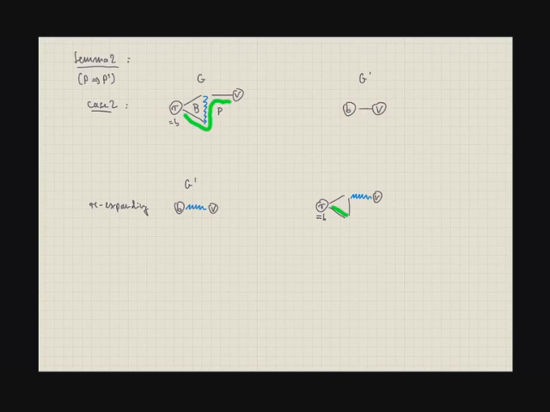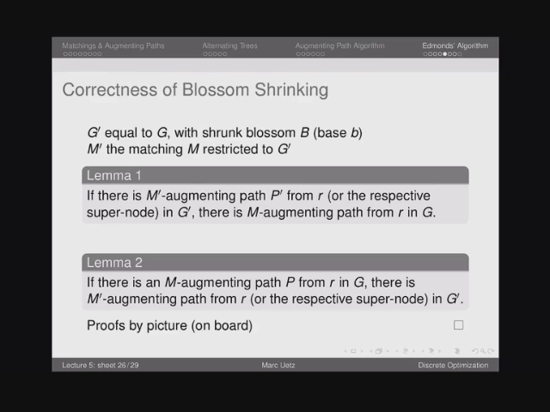And once again, re-expanding also works. Now we have selected this matching edge between B and V, and the re-expansion of this blossom of size 3 also works, because here we again take the edge that is opposite of the free vertex in this cycle of length 3, and that is always feasible for the same reason, because there is no matching edge here, and there's also no matching edge here.